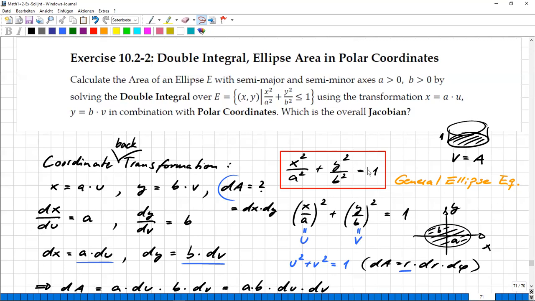So this is the general ellipse equation as long as you do not introduce some kind of rotation. If you do, you would introduce some mixed terms like x times y, etc. But this is not the case.